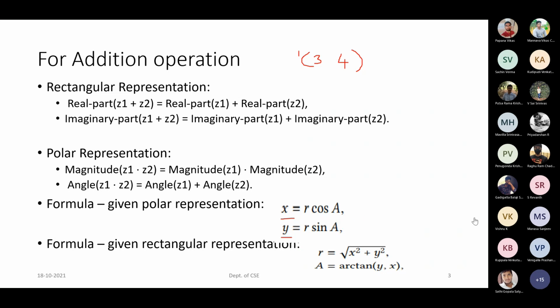Similarly, if your given input is in the rectangular representation and you have to represent it in the polar form, then to calculate the magnitude, the formula used will be square root of x square plus y square. To calculate the angle, it is tan inverse of y comma x.